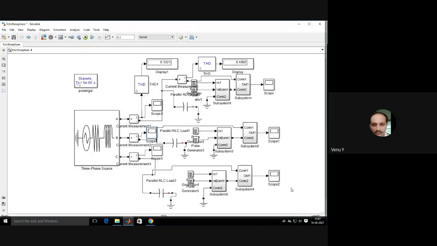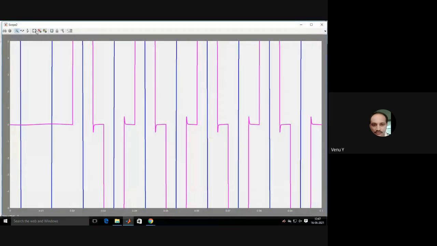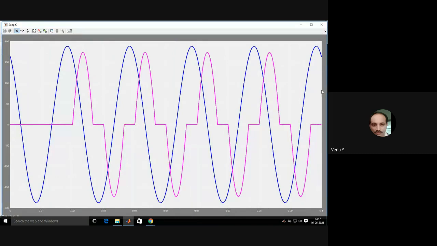And coming to the third phase, let us look at the figure. So this is phase B, RYB. Blue color is voltage and red color is current.